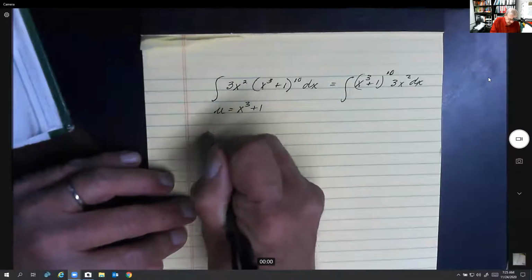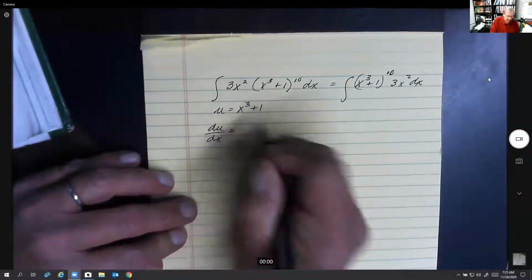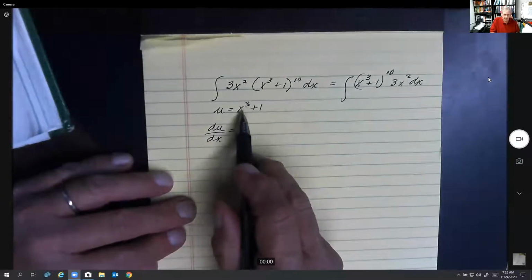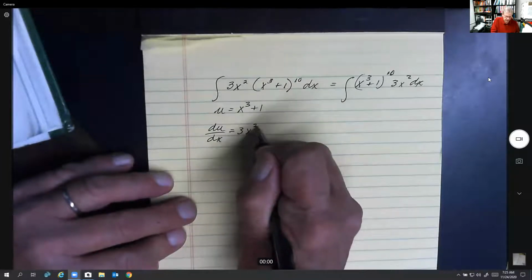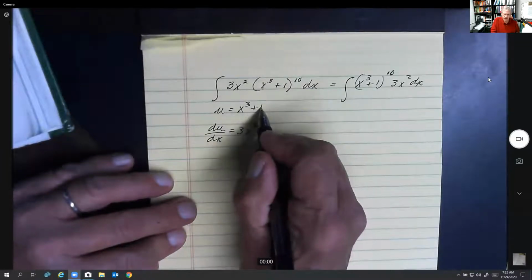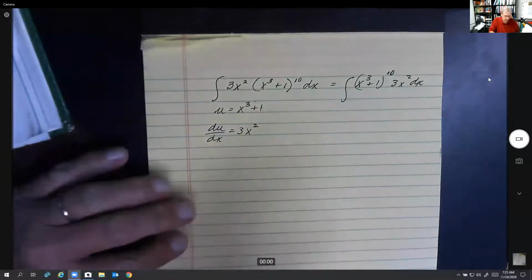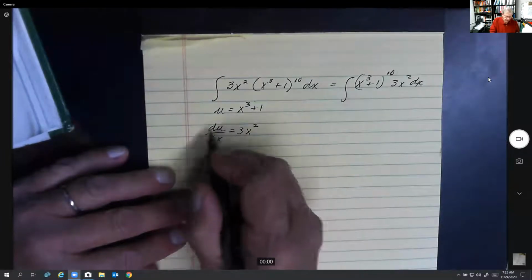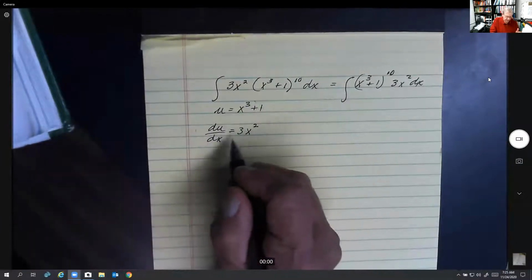Now we're going to take the derivative of that. And this is where the derivatives come in. So what's the derivative of x cubed plus 1? It's going to be 3, and then the power gets smaller, x squared. And the derivative of 1 is 0, okay? So it's 3x squared. Now, last time, remember, I multiplied by dx on both sides. Sometimes we just cross multiply to save a little bit of time.